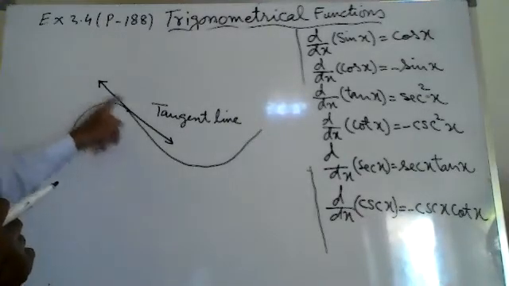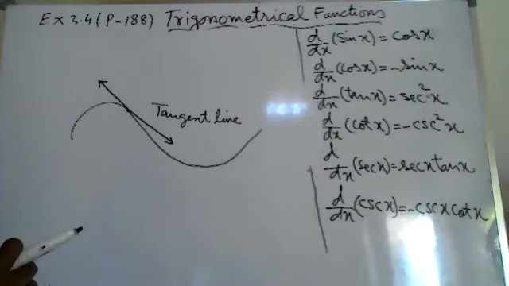This straight line is called the tangent line. At different points, it will be different.